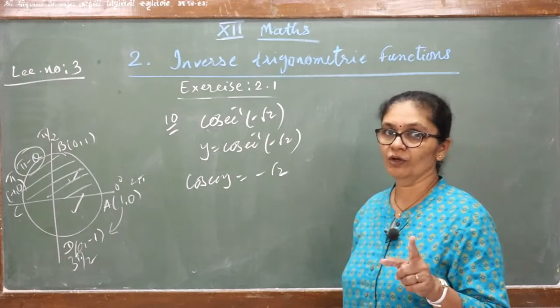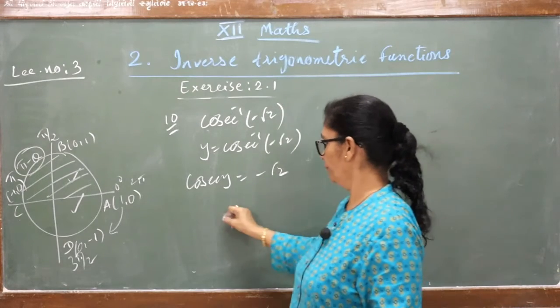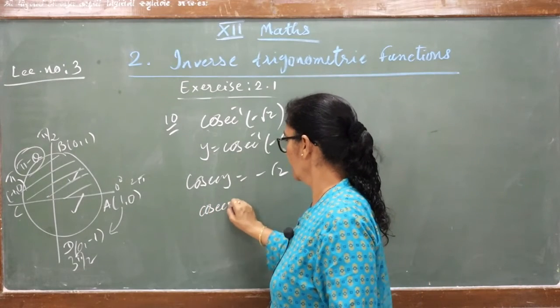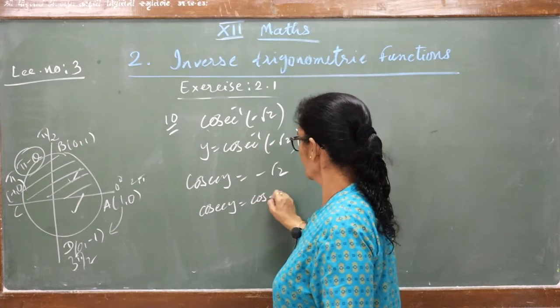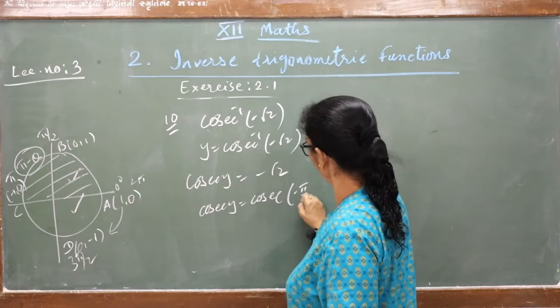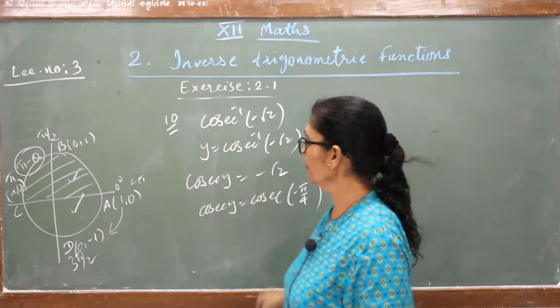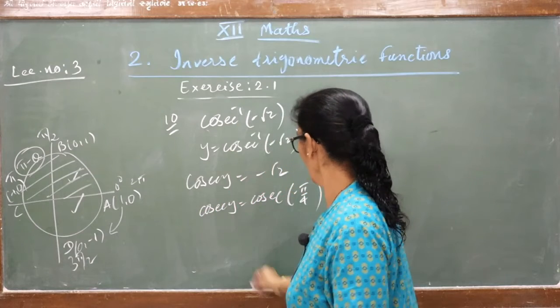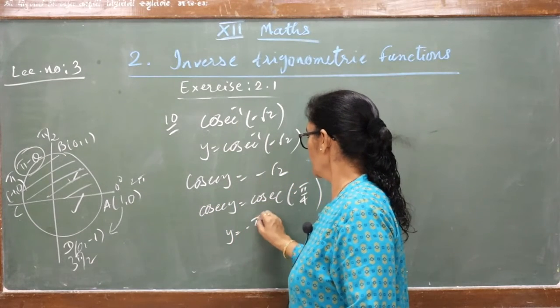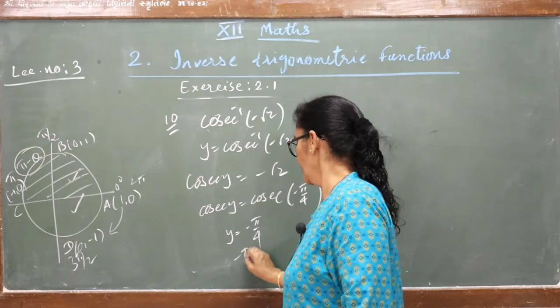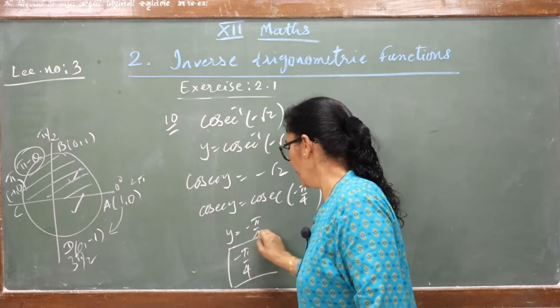Now root 2 is for which trigonometric value? Pi by 4. And for cosec we can write cosec minus pi by 4. Why are we writing minus sign here? Because it is in 4th quadrant. So y equal to minus pi by 4, so the principal value will be minus pi by 4.